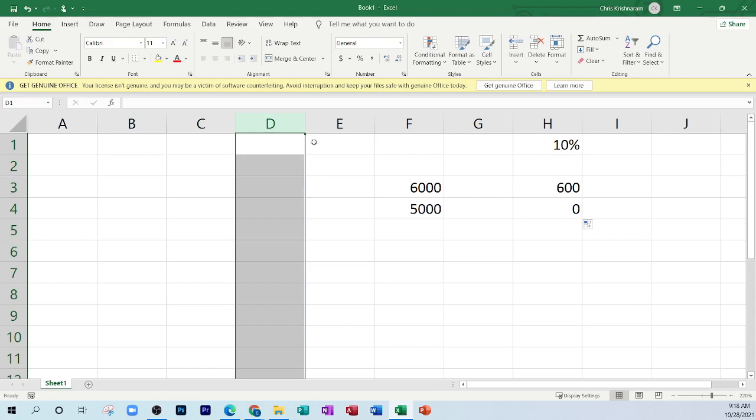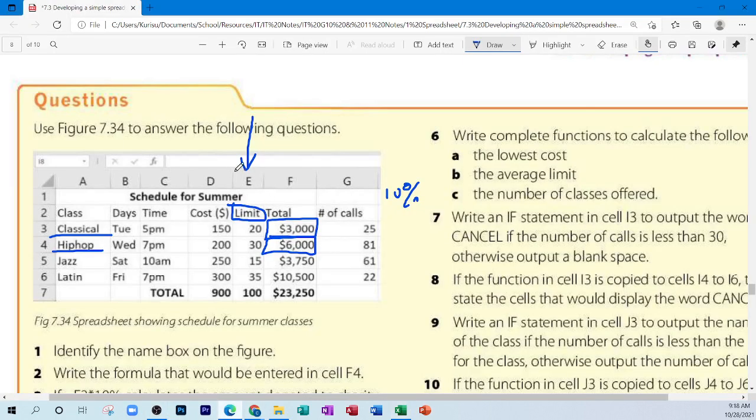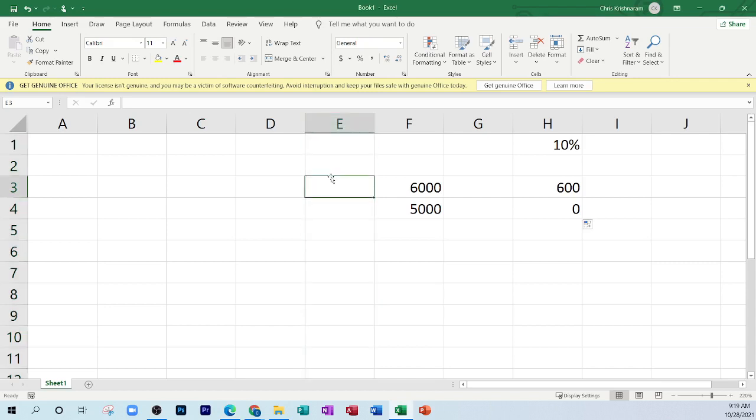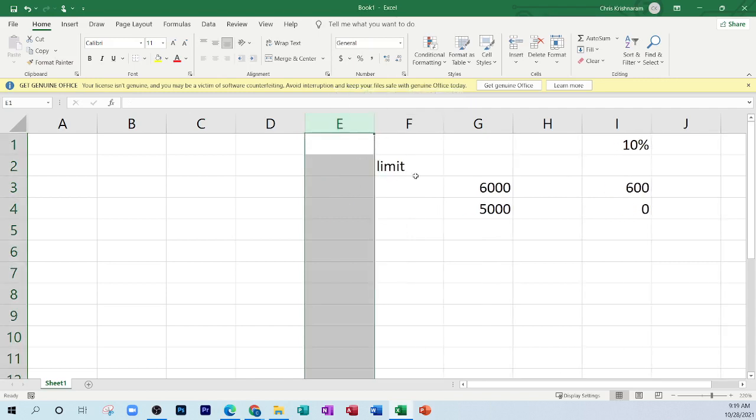So the question was asking how to insert before limit. And before limit would have been column E. So to get before, you have to select column E, and then it will insert before. So if limit was here, when you right click here and you insert, everything is going to get shifted to the right.